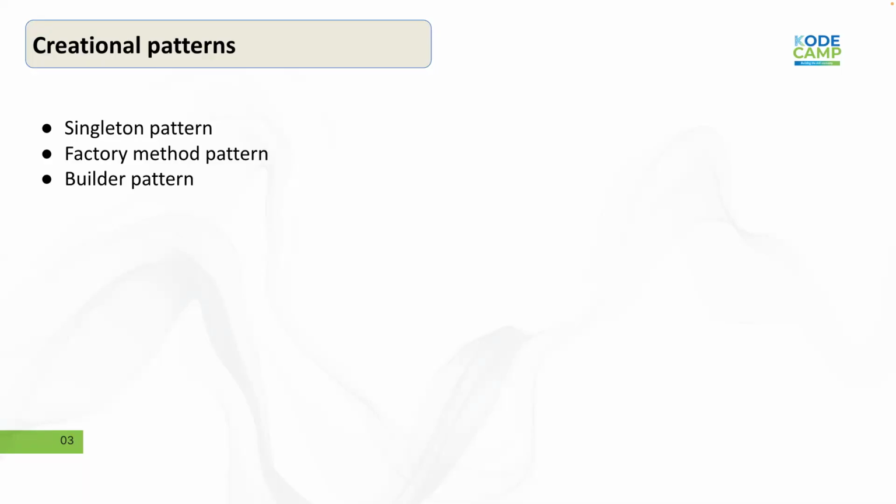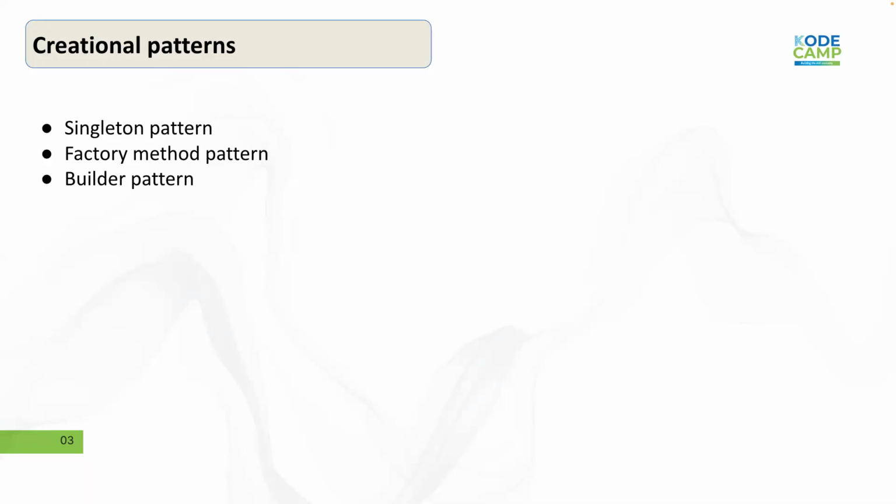So the third, under creational patterns, we have also the builder pattern. The intent of the builder pattern is to construct complex objects step by step, allowing you to produce different types and representations using the same construction code.